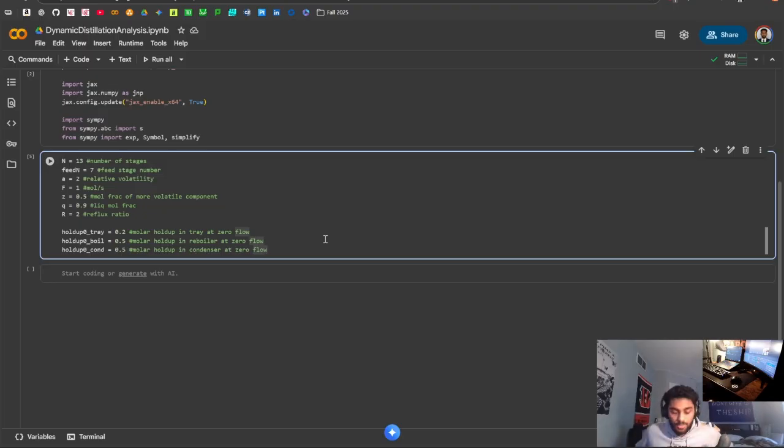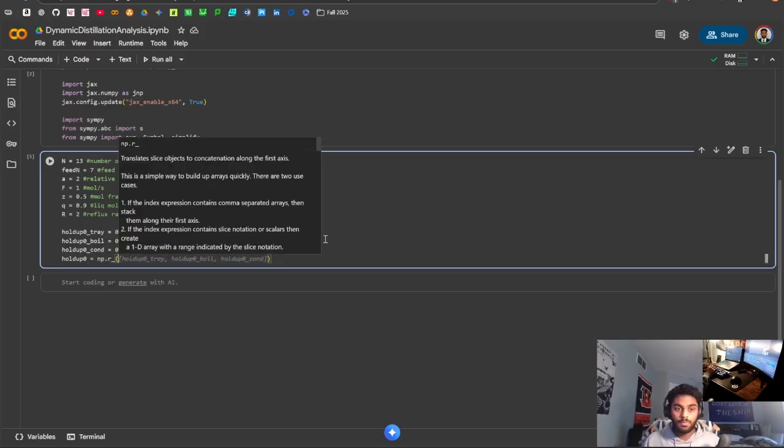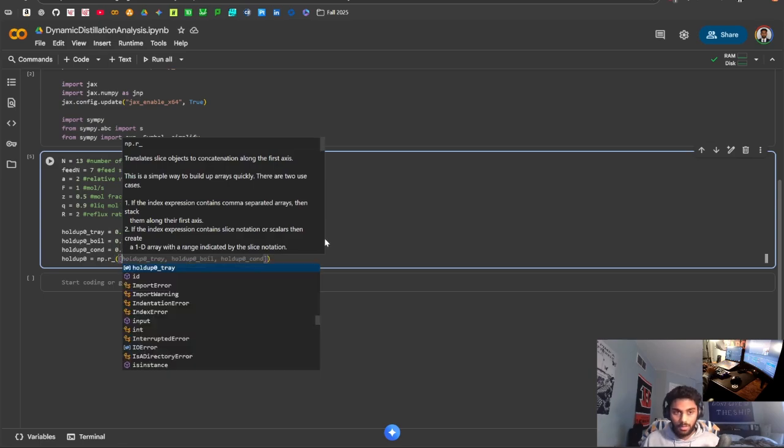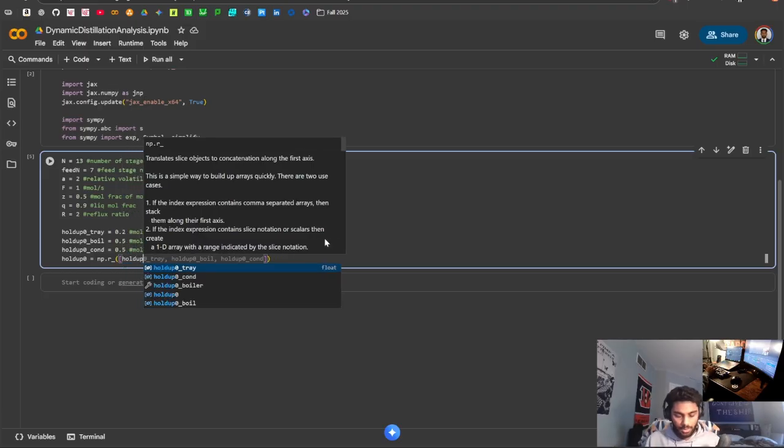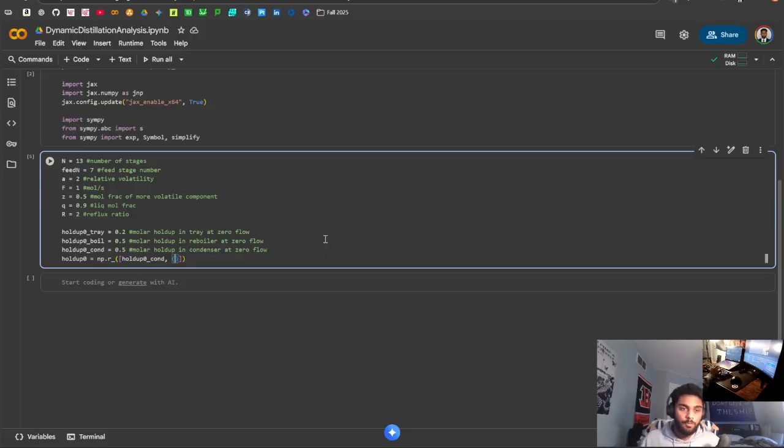So the first thing that I'm going to do is set up our initial condition here. So I'll just call this our holdup not, and I'm going to have this be a row concatenation. First I want to start with our condenser, so I'll do holdup not condenser. And then I'm going to set a tuple for our tray.